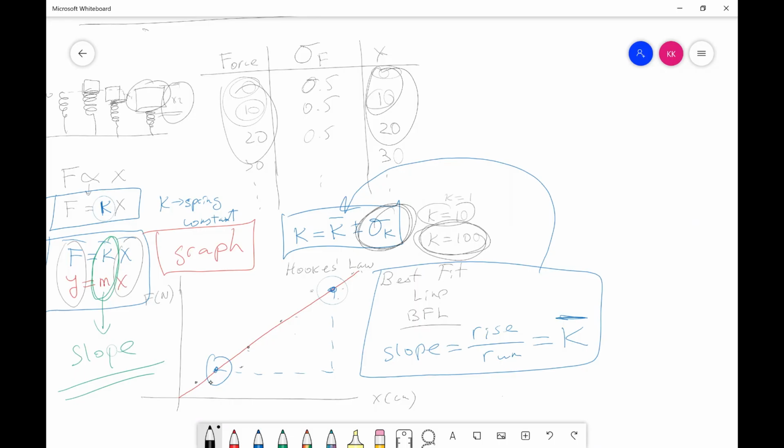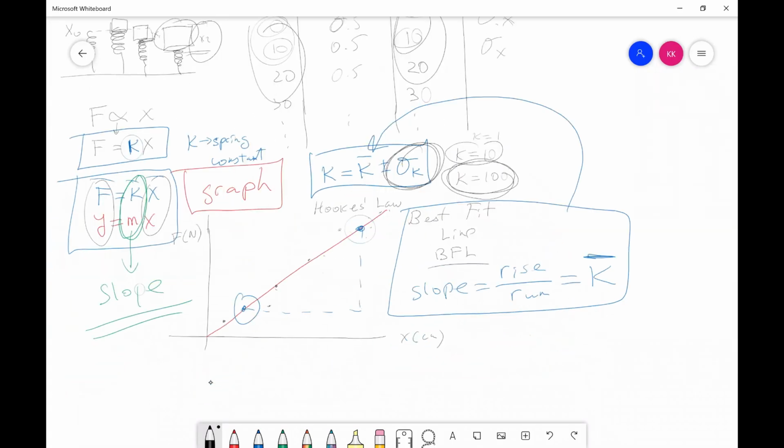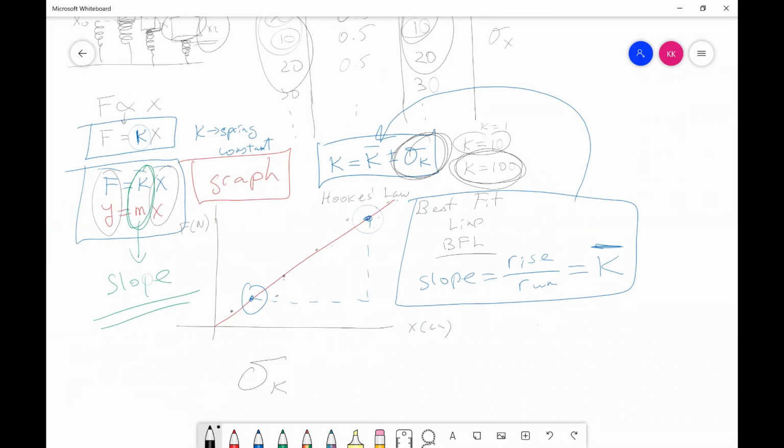That means every value of the force that is given to you comes with uncertainty. Same thing, there's also uncertainty in the measurements of X. And there are sigma X for every data point that you have. Which means to find the uncertainty in K, we actually have to use those uncertainties in force and in position in your data set to get sigma K.